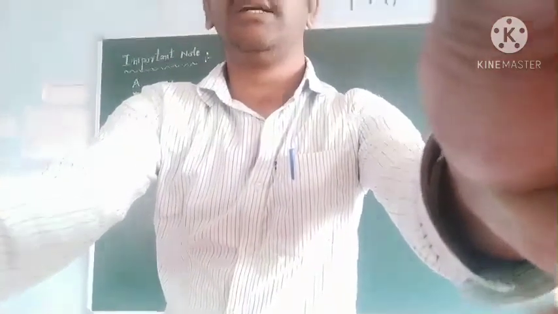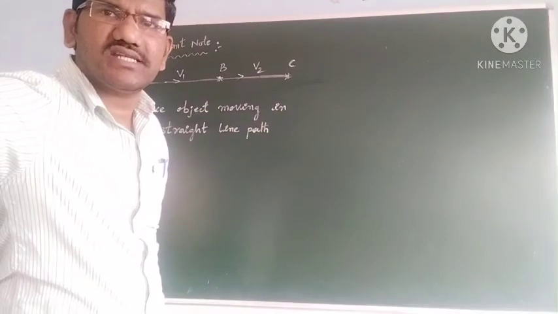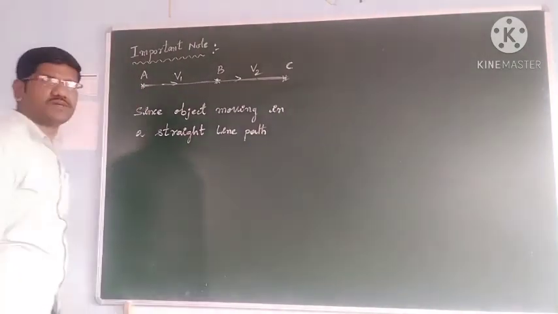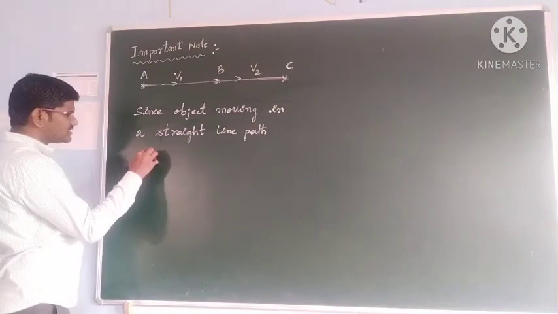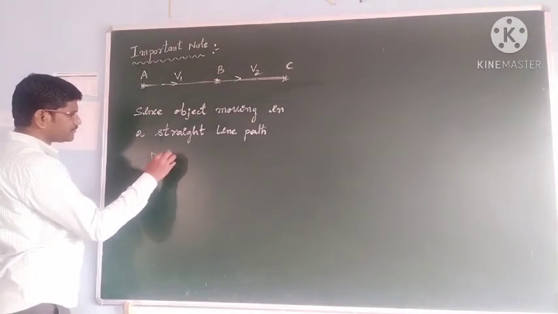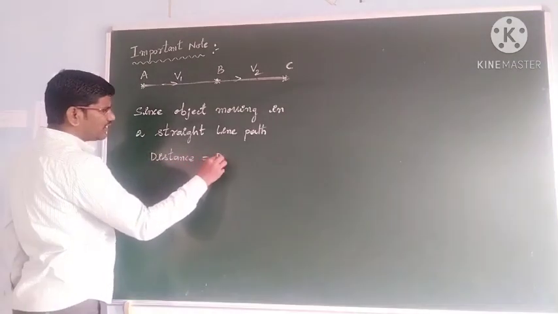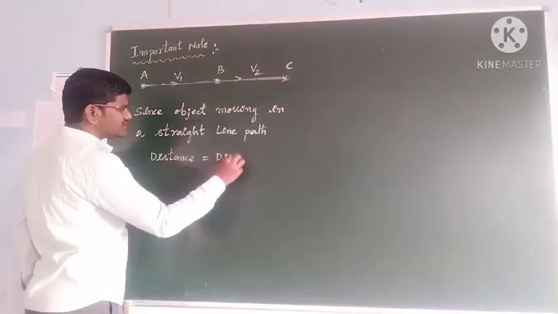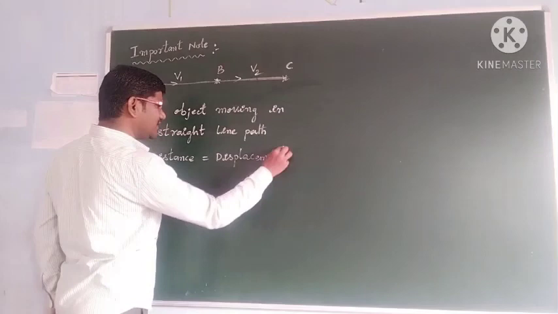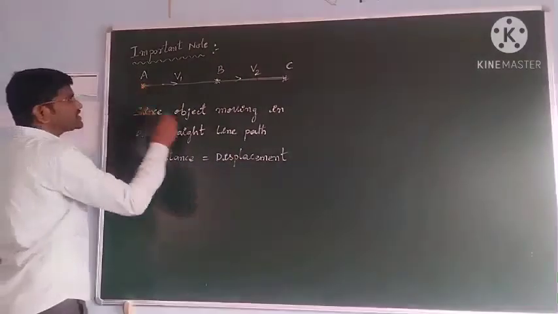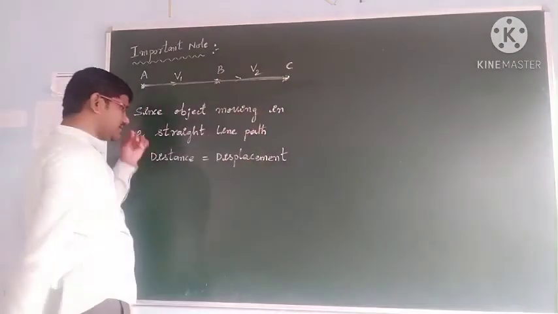Distance and displacement are the same. We know that distance in a specified direction is called displacement. Since the object is moving in a straight line path, distance is equal to displacement. Distance and displacements are the same. This is the initial point, this is the final point, that is the distance and that is also the displacement.